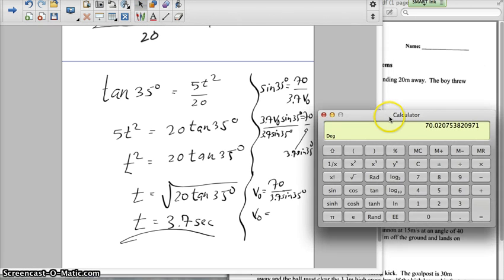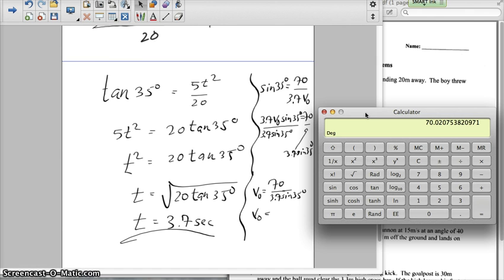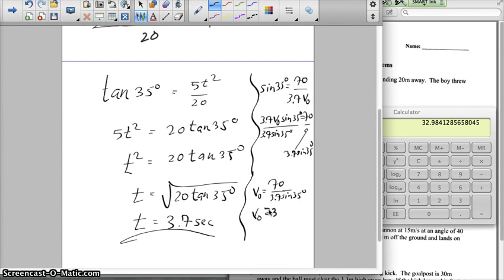Okay, so I'm looking at 35 sine times 3.7 equals, 1 over x times 70, and I get roughly 33 meters per second. So this is going to be about 33 meters per second, and that's about it.